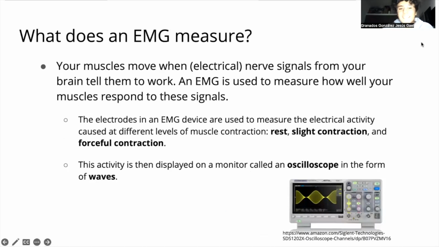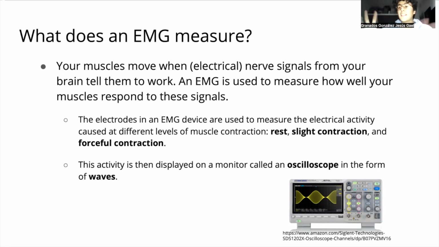So what does it measure? For example, we have right here an oscilloscope. An oscilloscope measures the electrical impulses of something. It can represent in real time what the electricity is doing, mostly relying on voltage. So whenever we are using this electromyograph, it's pretty much doing what the oscilloscope is doing, but with the impulses made by the muscles.